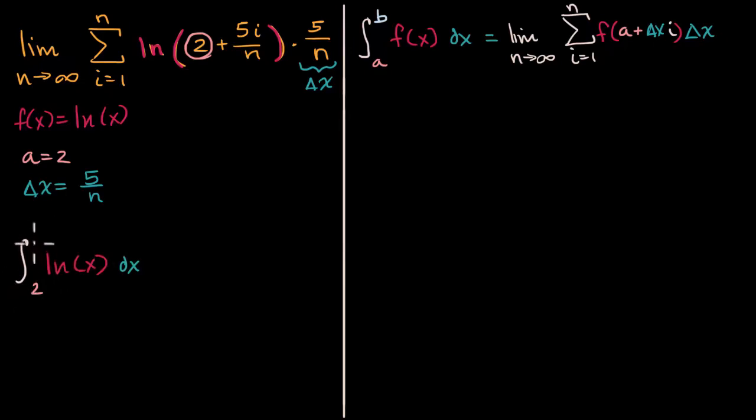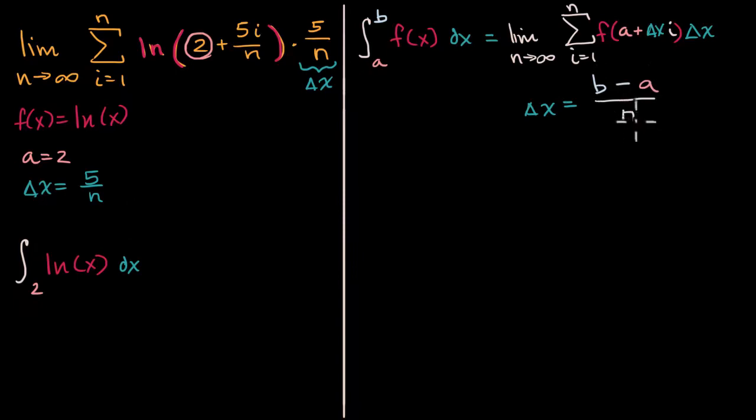And the way to figure out the upper bound is by looking at our delta x. Because the way that we would figure out a delta x for this Riemann sum here, we would say that delta x is equal to the difference between our bounds divided by how many sections we want to divide it in, divided by n. So it's equal to b minus a over n.